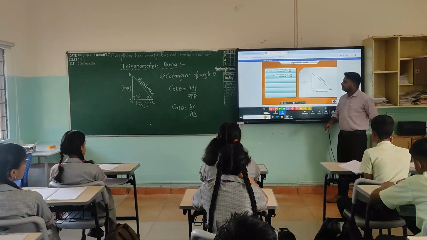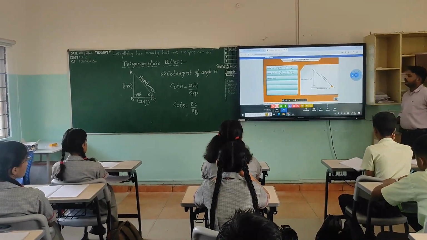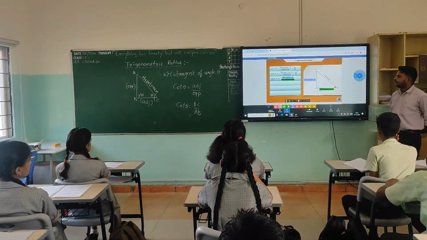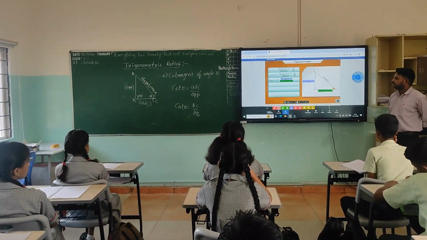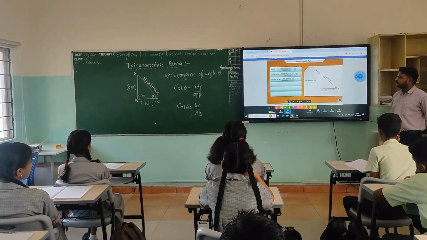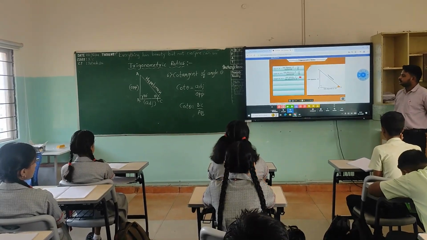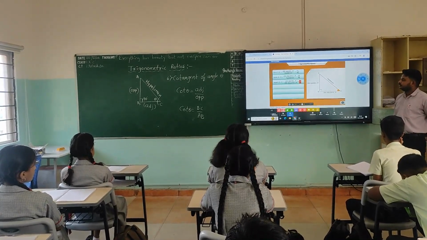Next, the third one. Tangent of angle R is equal to the side opposite angle R divided by the side adjacent to angle R. So tangent of angle R is PQ upon QR.